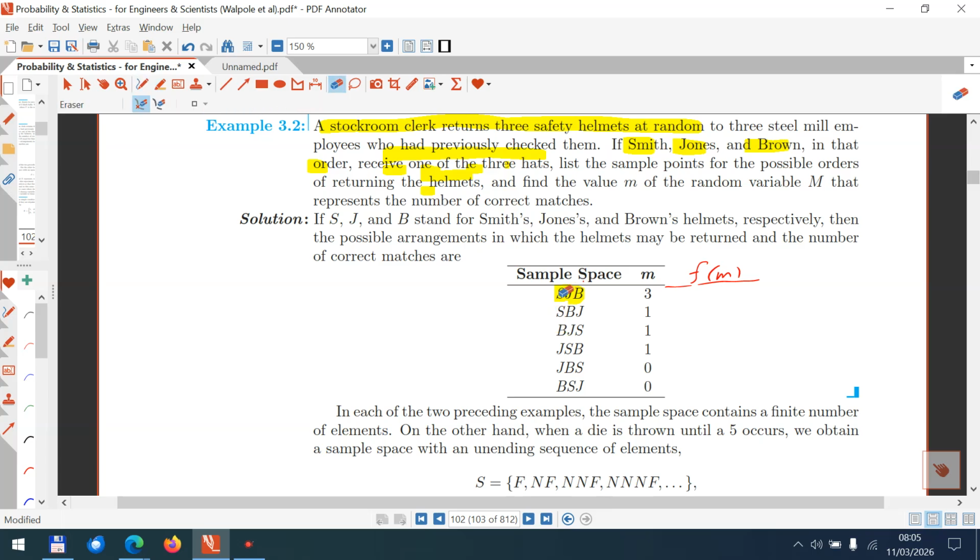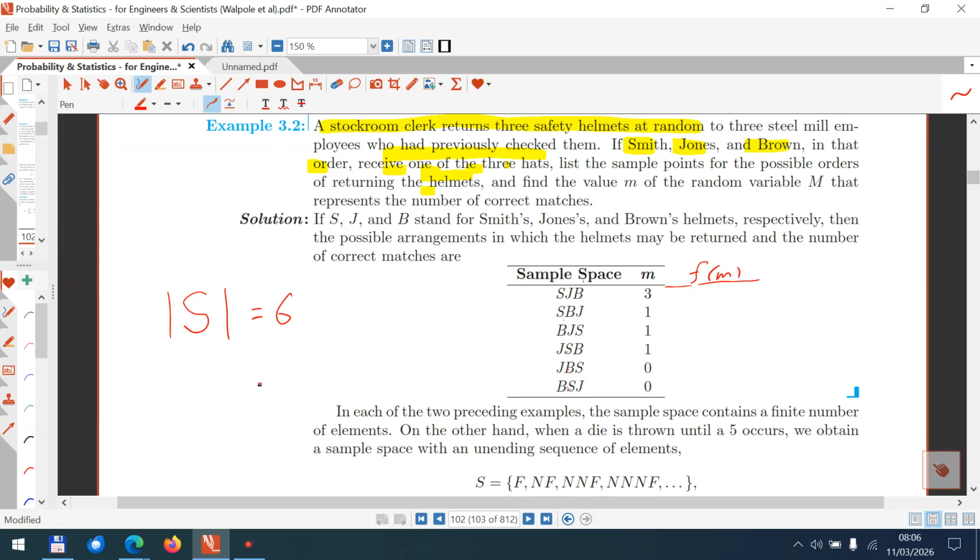If I now ask you how many sample points are in this sample space, so if S is the sample space, what will be the size of the sample space for this experiment? These are the only sample points: 1, 2, 3, 4, 5, 6, right?